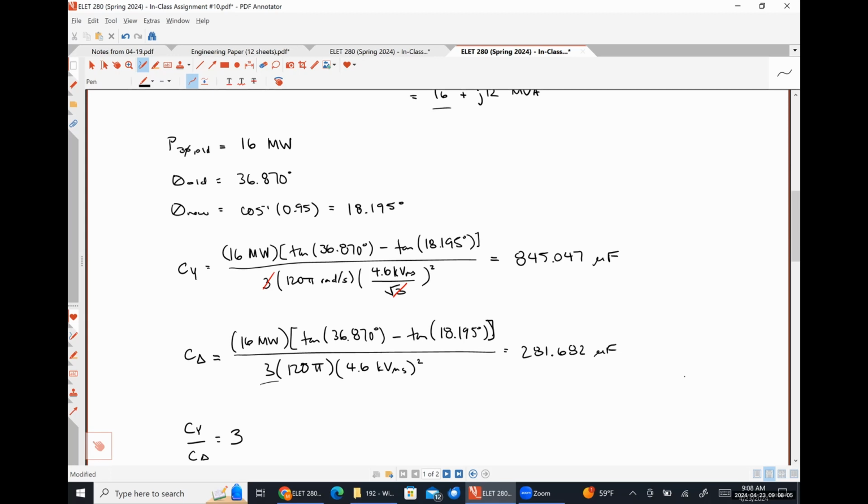From the perspective of your utility, not particularly. So 0.95 lagging and 0.95 leading doesn't particularly matter to them because the efficiency is effectively the same. They don't care about leading or lagging. They just care about how close you can get to one. Doesn't matter if you go from leading into lagging or vice versa. The closer you are to one, the better.